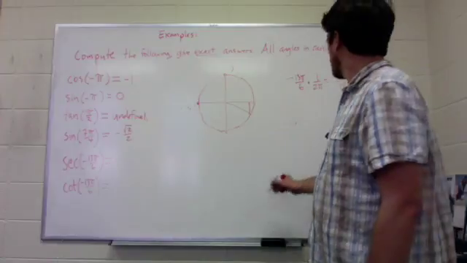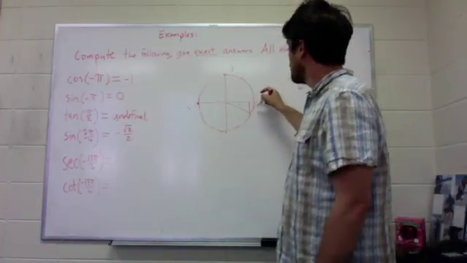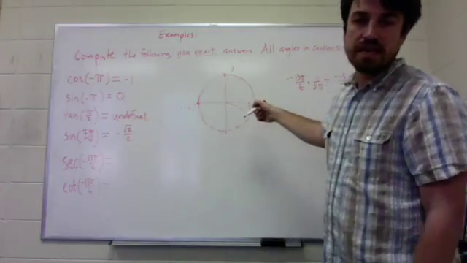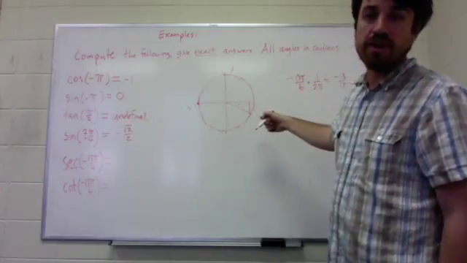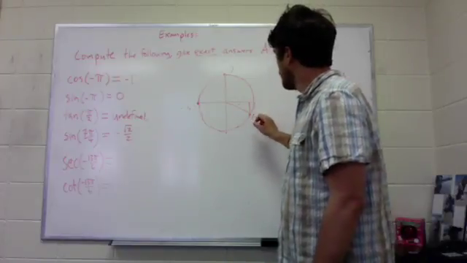The only difference now is that this angle right here is pi over 6. This is a 30, 60, 90 triangle instead of a 45, 45 triangle right there. So that's the first step.